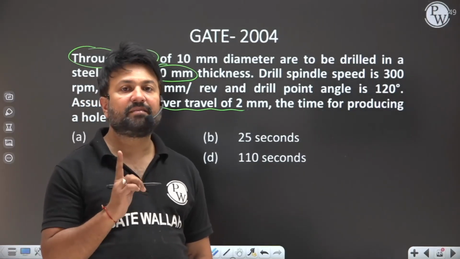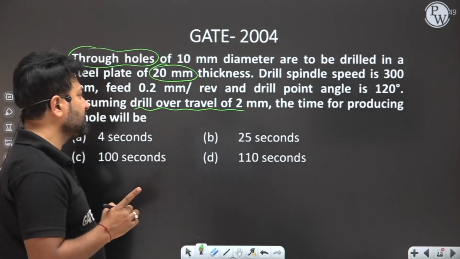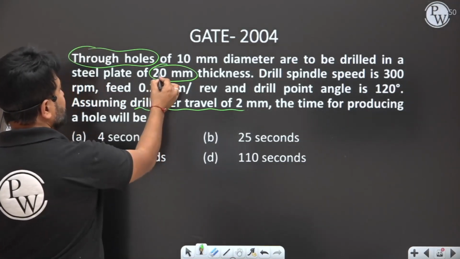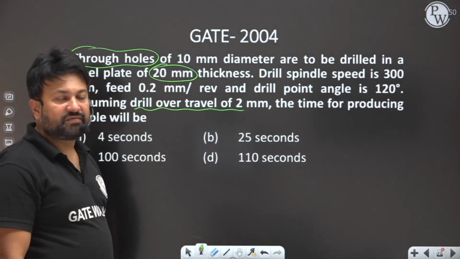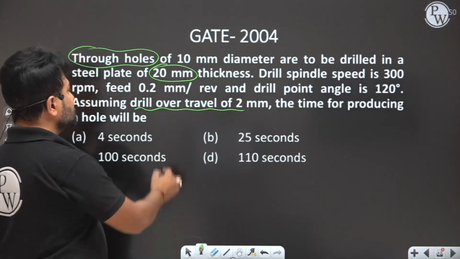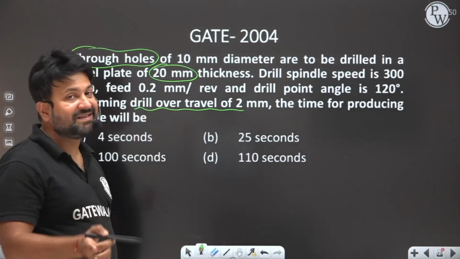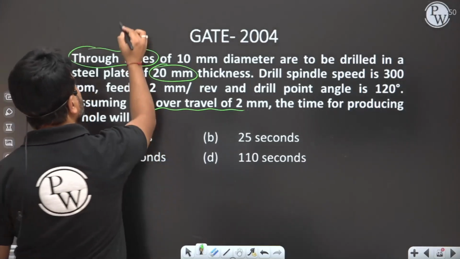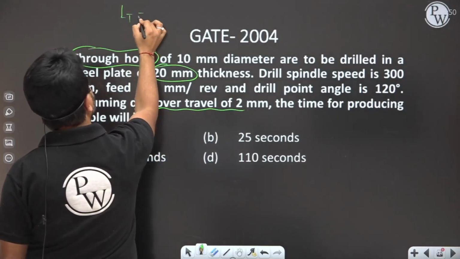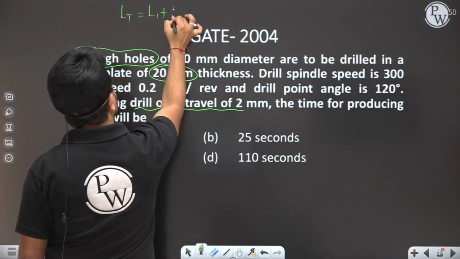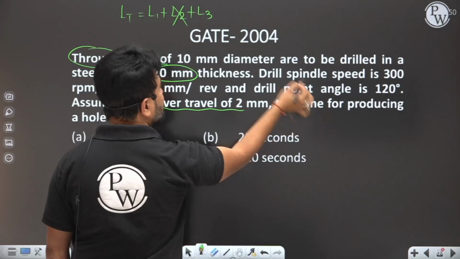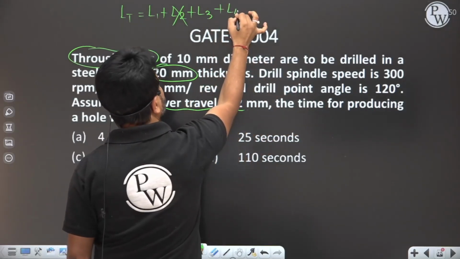Please remember, he hasn't mentioned the approach distance. He mentioned the thickness of the plate, that is L1, and the over travel, that is L4. So neglect L2 if it is not given in the question. L1 is given, L2 is not given so neglect it, L3 is given indirectly, plus L4 over travel is given.